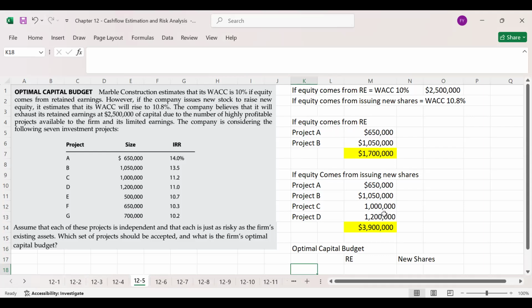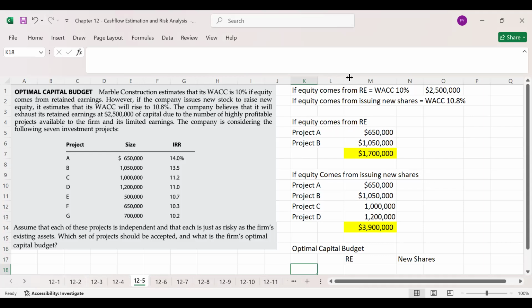This approach takes advantage of lower cost of funding through retained earnings, making it a more affordable financing option, since the new shares are more expensive than funding from retained earning.